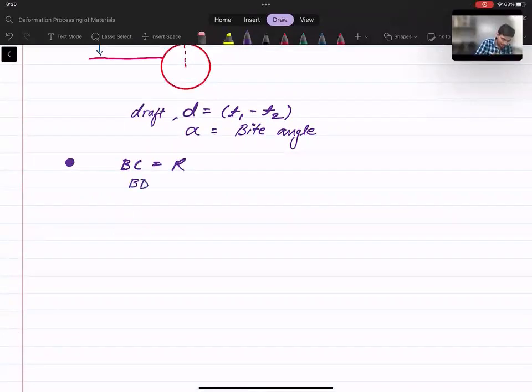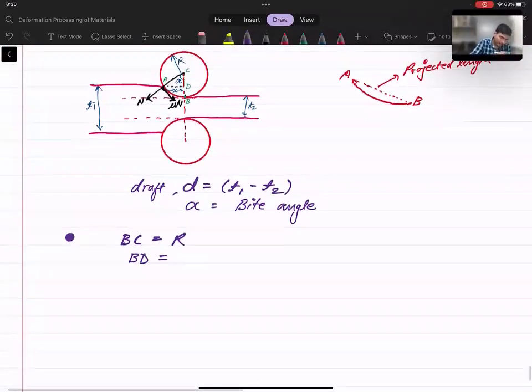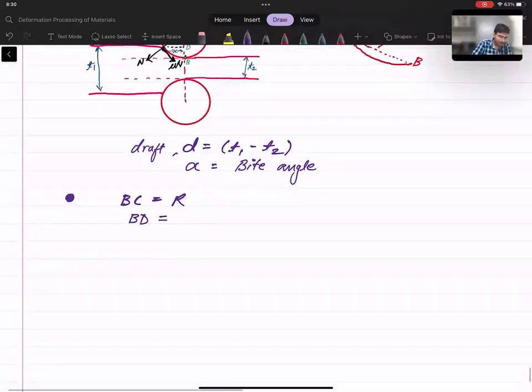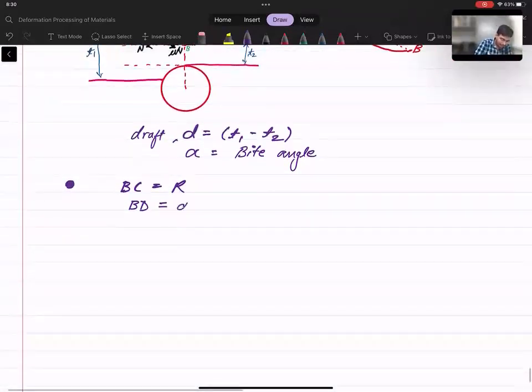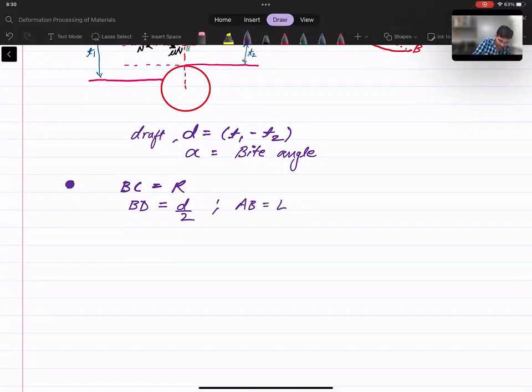BD is the half of the draft. Half of the draft is at the lower roller or bottom roller, and half is at this particular section that we are seeing, the top one. So BD will be D by 2, and also AB we have to find, which is nothing but the projected length. Let us call this as L.